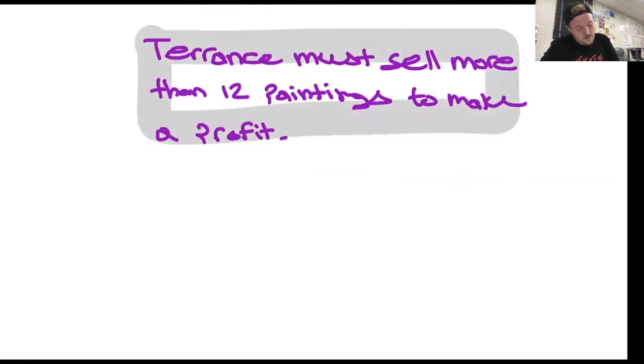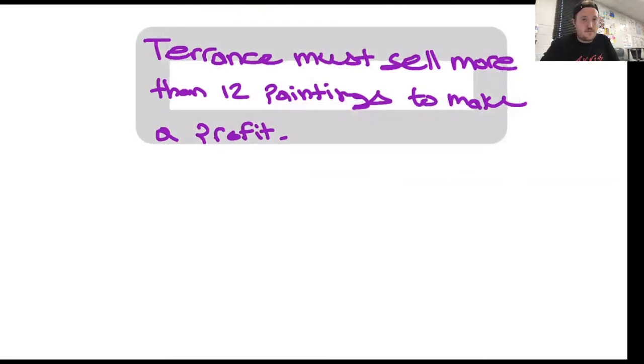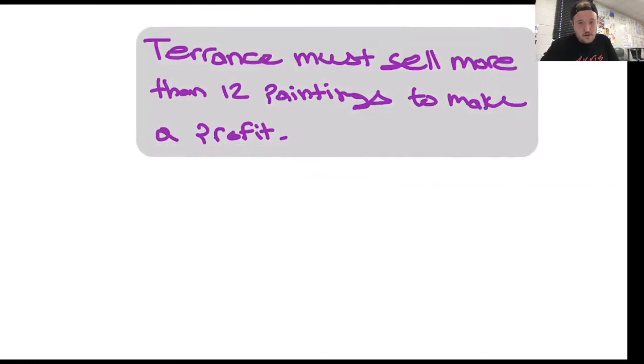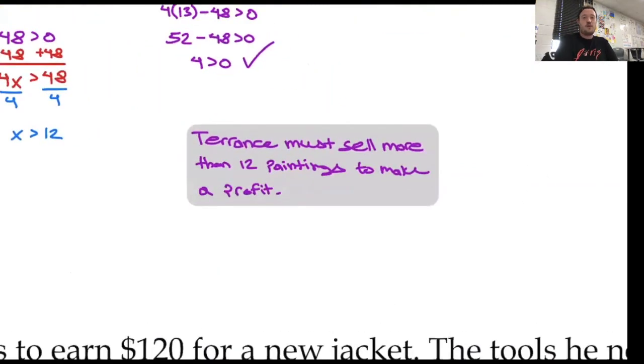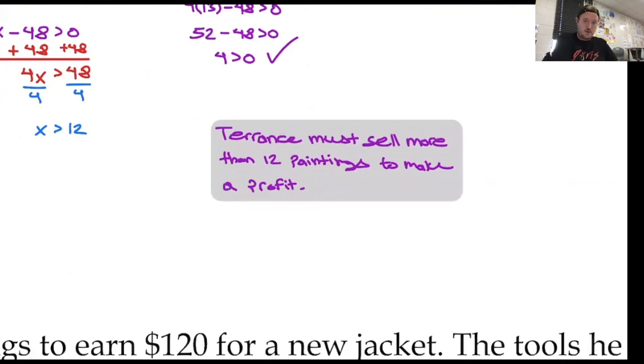Okay, so here's the thing with the sentence. You actually have some flexibility on how you write this sentence. So even though he must sell more than 12 paintings to make a profit, you could also get away with saying Terrence must sell 13 or more paintings to make a profit. So you will have some flexibility on how you write the sentence.